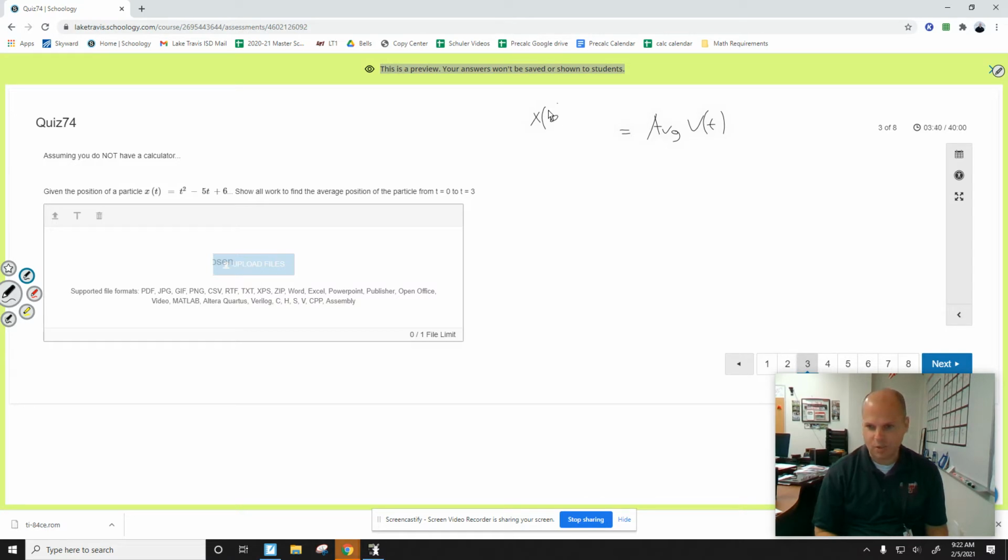I'll use x of b, but think of that as the end minus the start, over the end time minus start time. But we also know that this is equal to the area under the velocity from the start to the end.